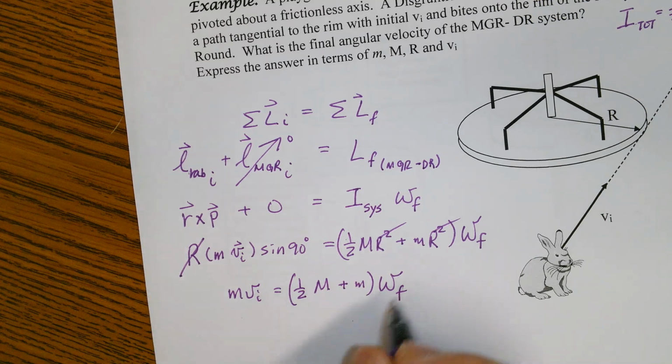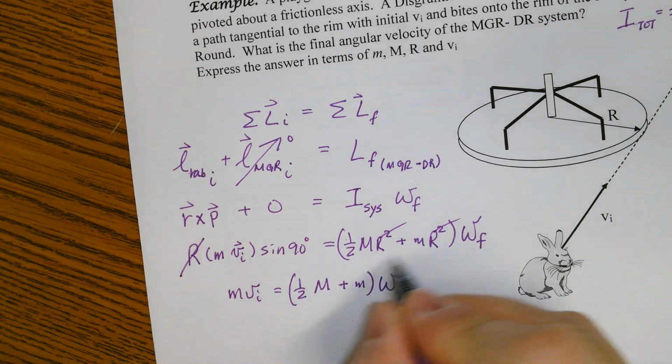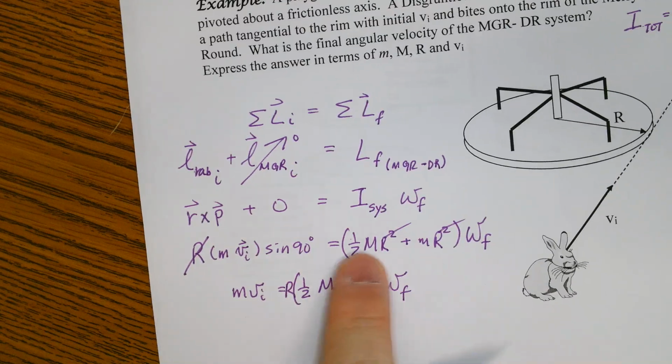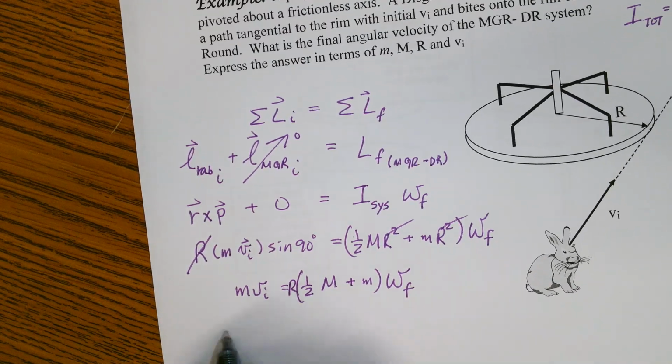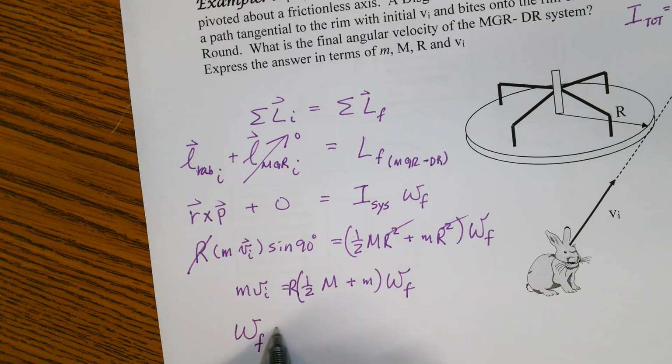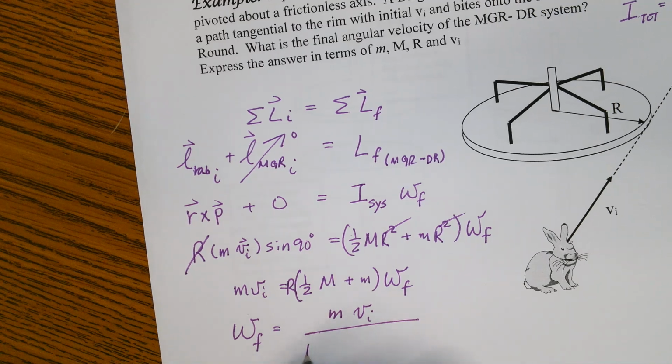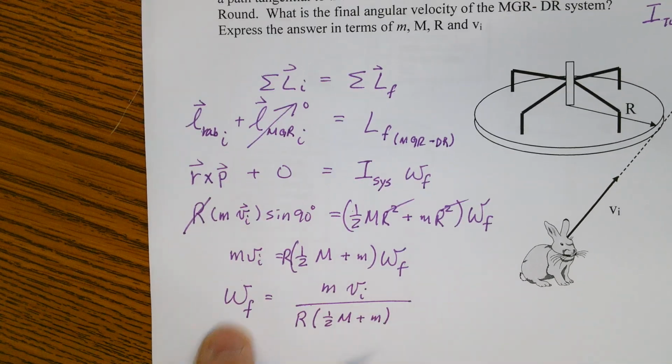Therefore, I forgot my r somewhere. Let's factor out the r. So if we solve for omega final, then here we have m times v initial, divide that by r times 1/2 m plus m as my omega final.